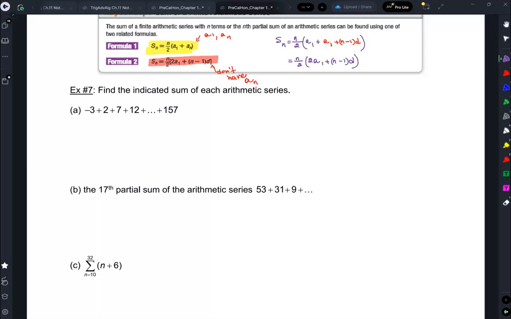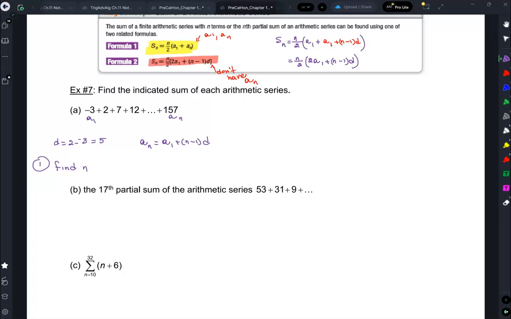Okay, so here we go. I have a1, I have an. What's d? 2 minus negative 3 is 5. What you're missing is n, so first you need to find n. Always go back to that magic formula: A sub n is a sub 1 plus n minus 1 times d.